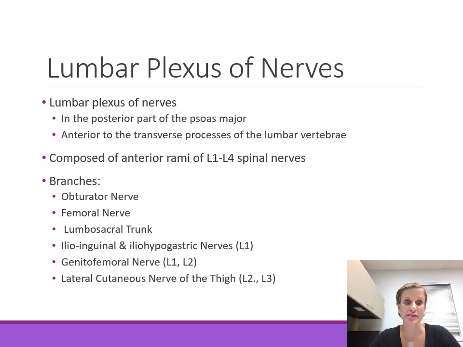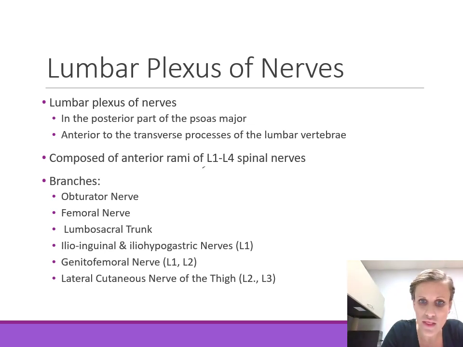The lumbar plexus of nerves is located in the posterior part of the psoas major muscle, just anterior to the transverse processes of the lumbar vertebrae. The lumbar plexus is composed of the anterior rami of the L1 through L4 spinal nerves.